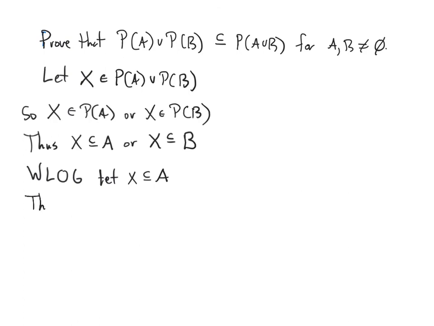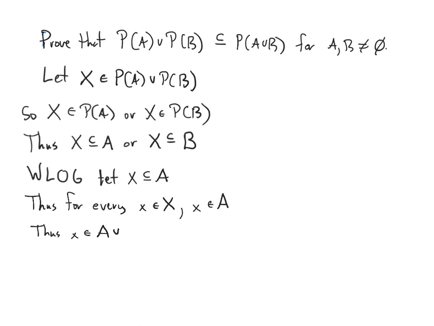Thus, for every little x in big X, we know that x is also an element of A. Thus, x is an element of A union any set that you like.